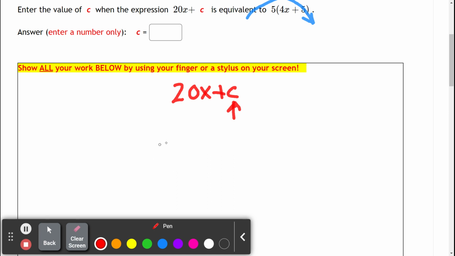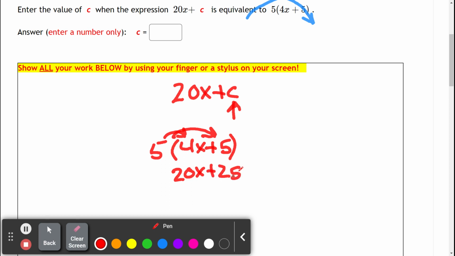So if I have 5 and then we have 4x plus 5, then 5 times 4x is 20x, and 5 times 5 is 25. And there we go. So what is C? C is supposed to be 25.